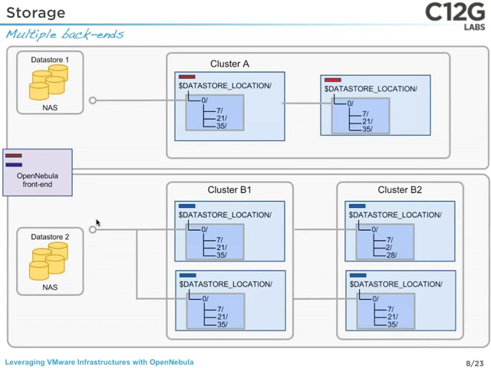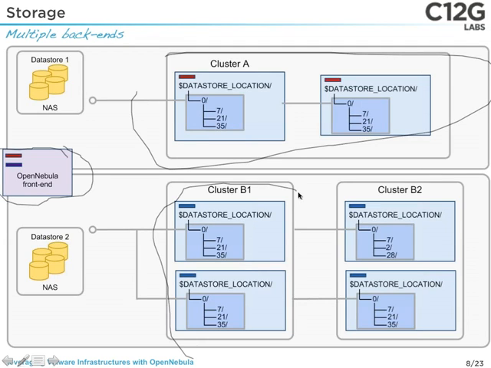Okay, so in terms of storage, OpenNebula can compartmentalize your infrastructure in different clusters. We see here an OpenNebula frontend, which is basically managing 3 different clusters: cluster A, cluster B1, and cluster B2.